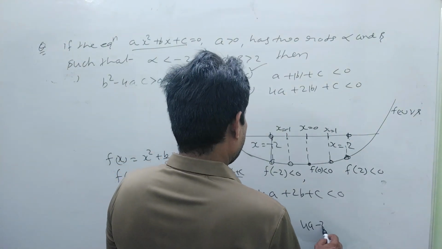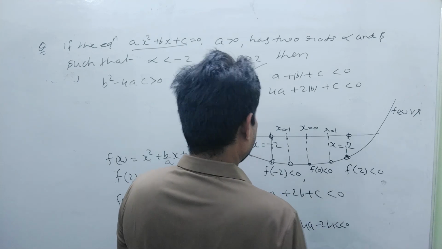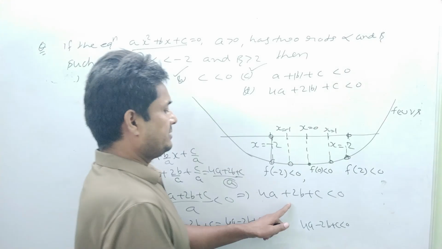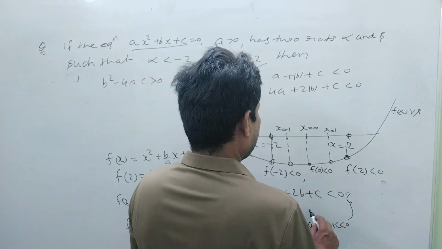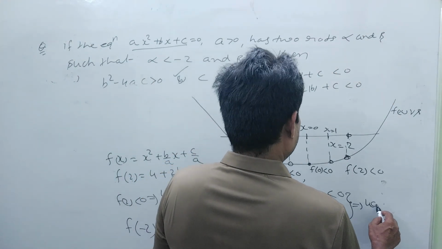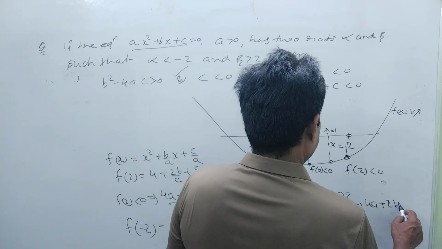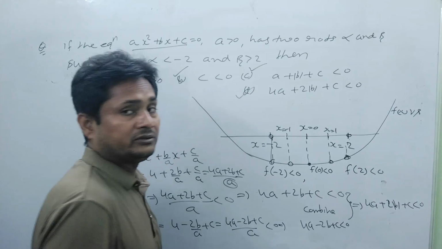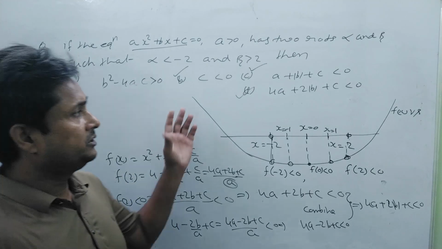So 4a minus 2b plus c is coming negative value. So if you combine these two, we can write 4a plus 2 times mod of b plus c as less than 0. So D option is also correct. So all four options are correct.